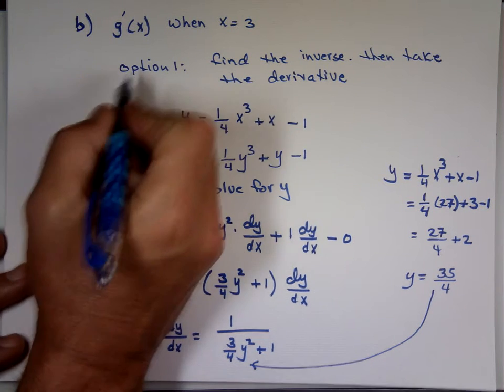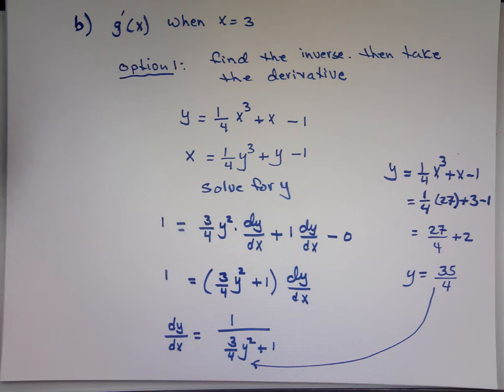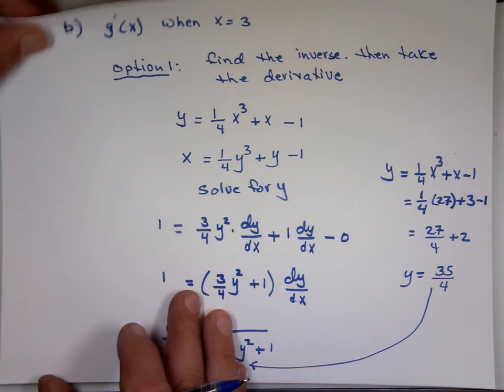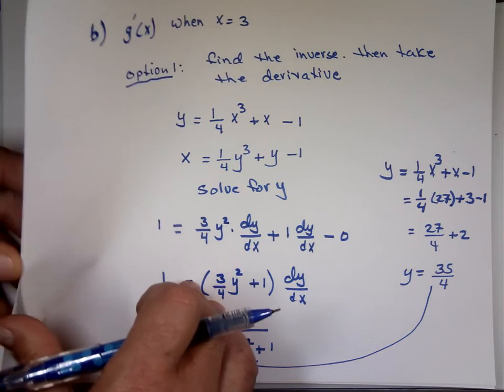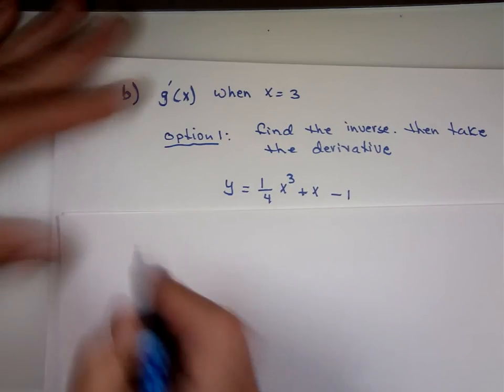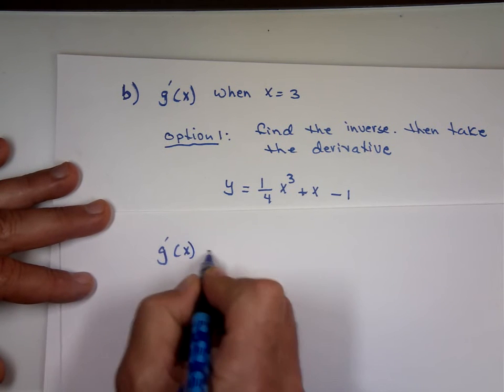So what is option 2 then? Instead of doing all this extra math, I got to find the inverse and all that. I don't have to find that. To answer this question, I'm going to show you option 2 now. The same question.